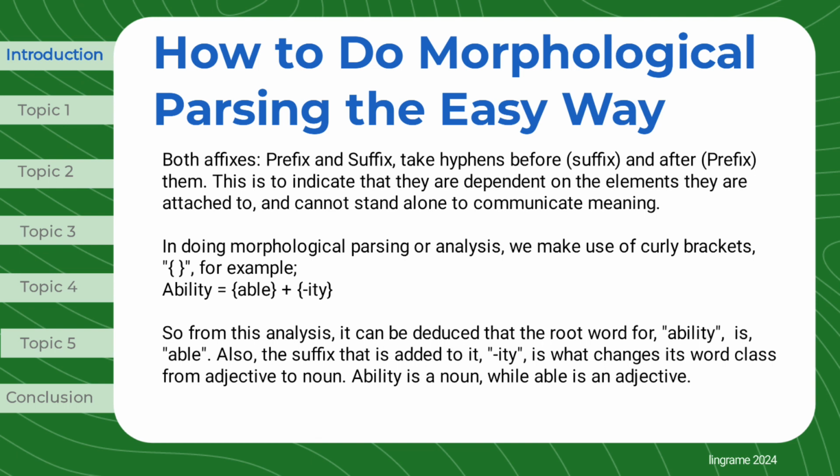So from this analysis, it can be deduced that the root word for ability is able. Also, the suffix that is added to it, ity, is what changes its word class from adjective to noun. Ability is a noun, while able is an adjective.